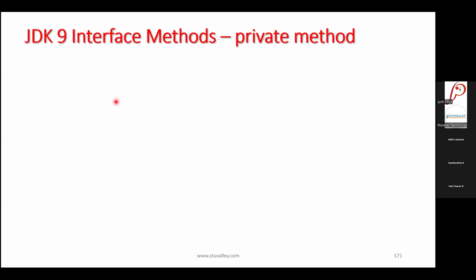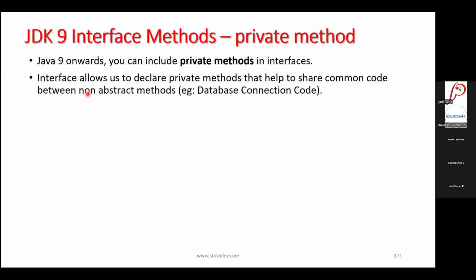Private means that if you are writing any member as private, it is accessible only within that class or within that interface. So if you are writing any private method inside an interface, then you have to create one default method to call this private method, to call this private member.